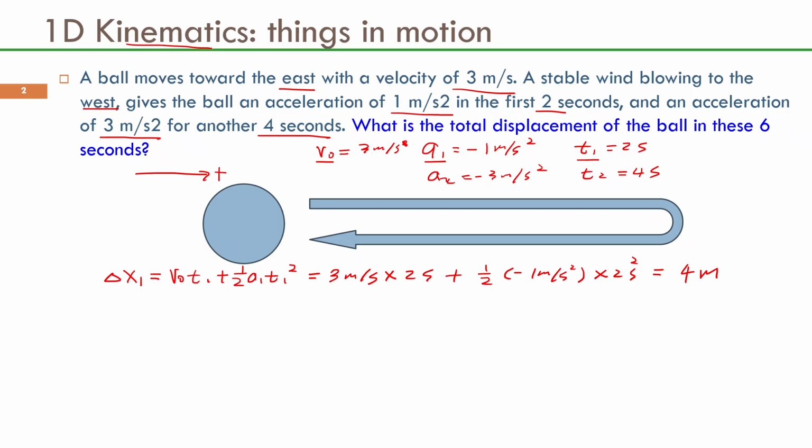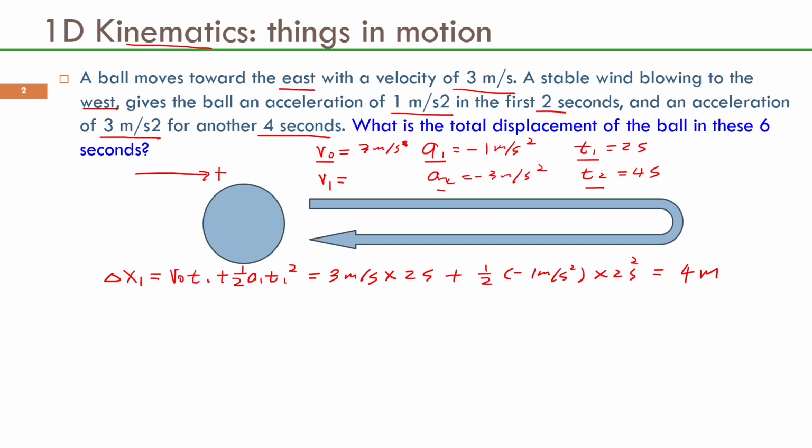So what about the second segment? We know the acceleration and we know the time, but we do not know the initial velocity for the second segment of the motion. But we do know that right after 2 seconds, you start your second segment of motion. That means the final velocity, or you can say the velocity after 2 seconds, is the initial velocity for the second segment of motion.